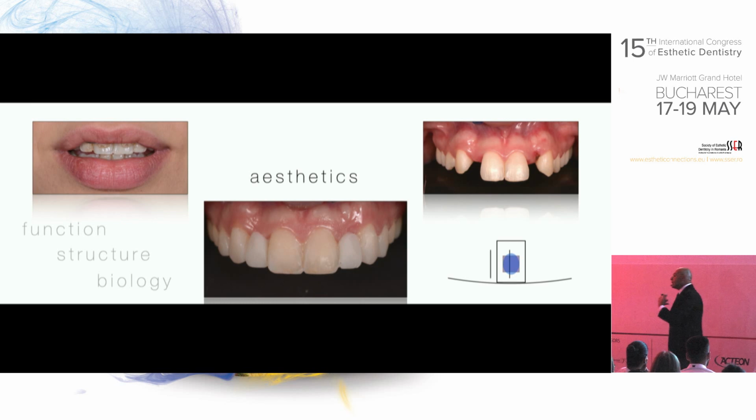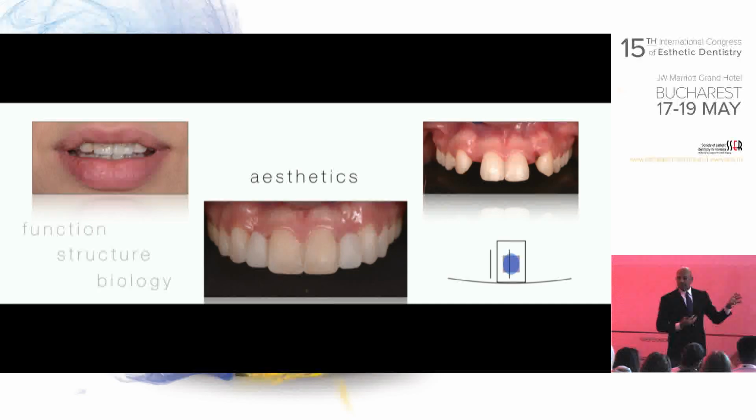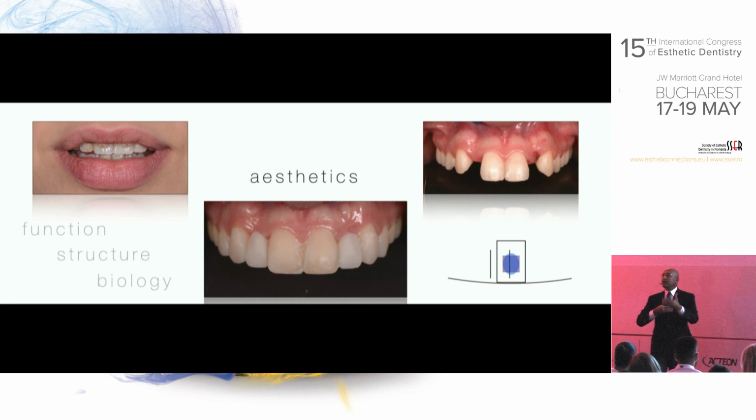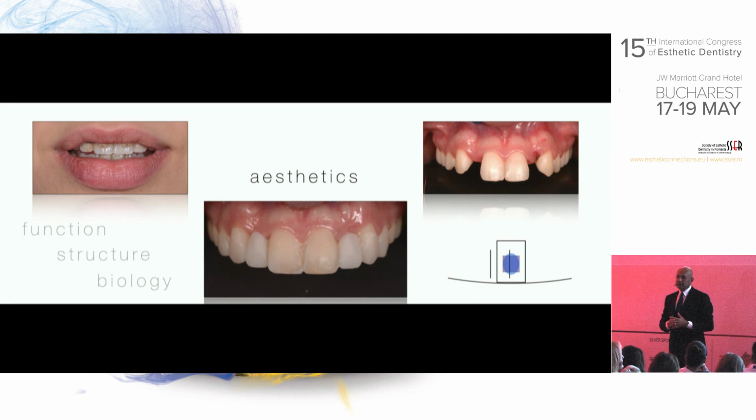So I always try to give them the possible final aesthetic design, and if they like it, then I want to start walking backwards. How am I going to set the function according to this design? What am I going to do structurally? What materials should I use? And biologically, how am I going to fit it into the environment?